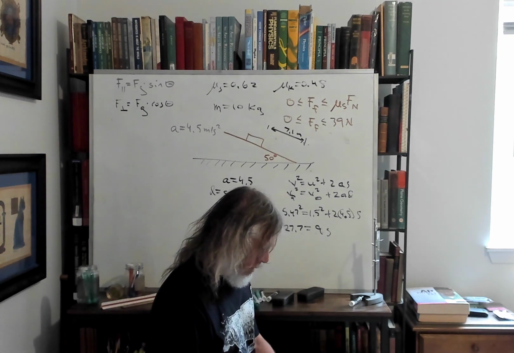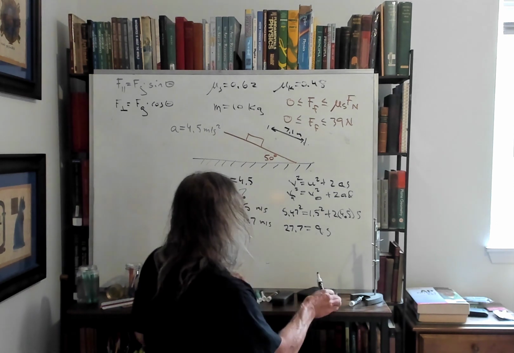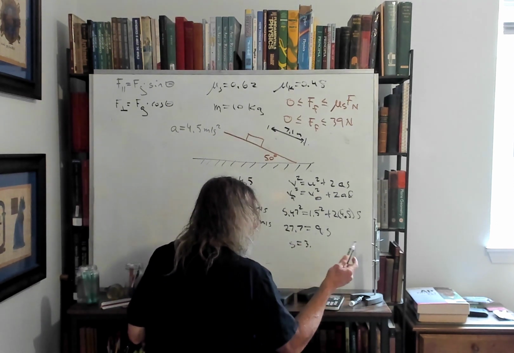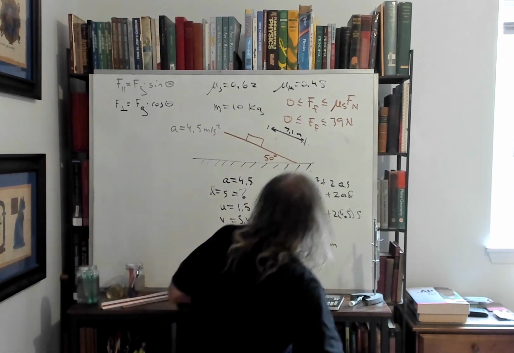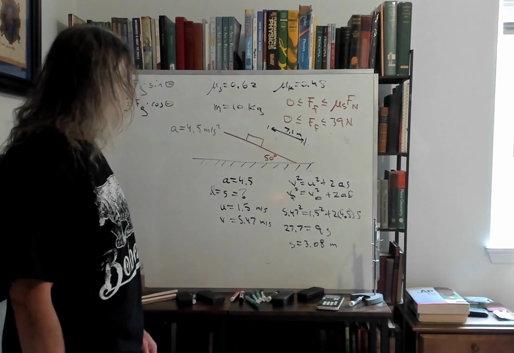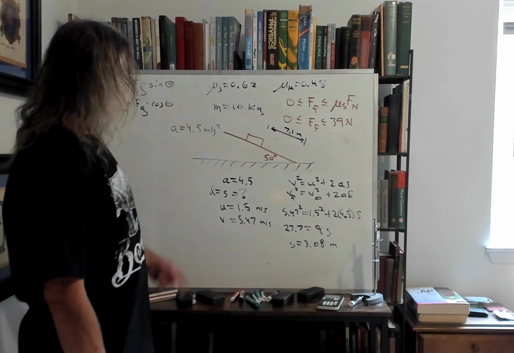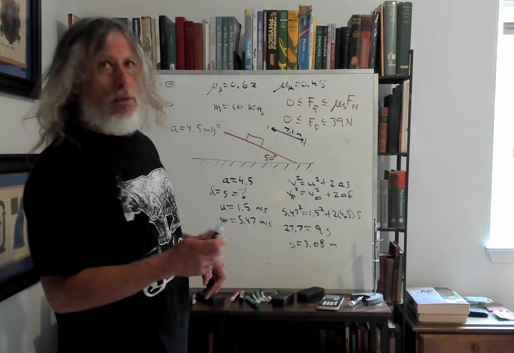And divided by 9, 3.08 meters. So, kind of sort of around half. So to go from this speed to this speed, it travels 3 meters. So there's things we can do with this.